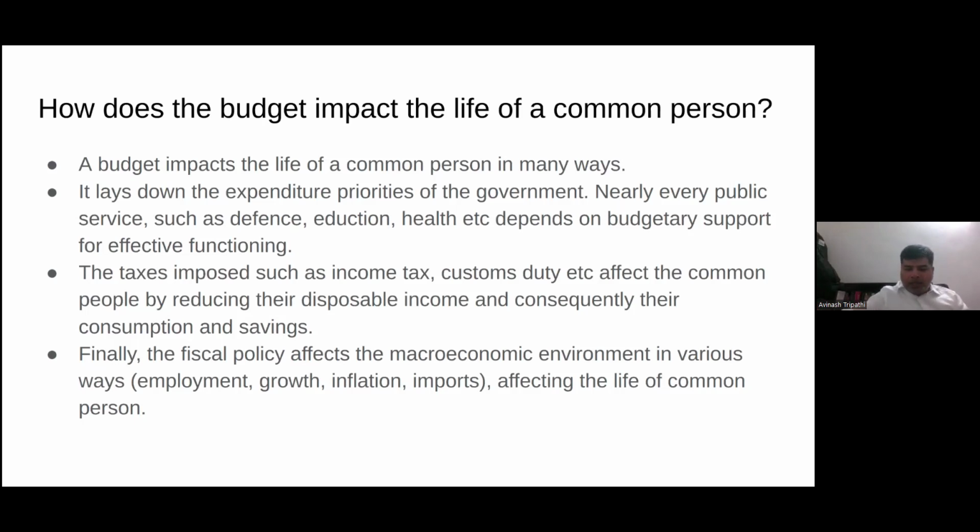So basically a budget impacts the life of a common person in a number of ways. First of all, it impacts by setting out the expenditure priorities of a government. Let us say the government is going to spend on a number of heads. They are spending on defense, classic public goods like defense, justice, maintenance of law and order.